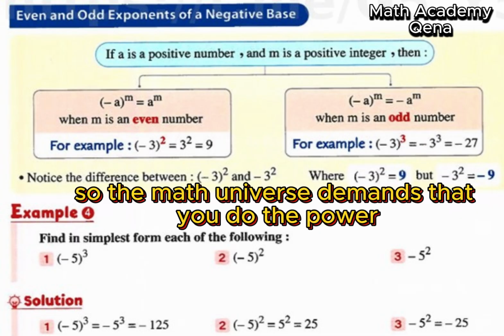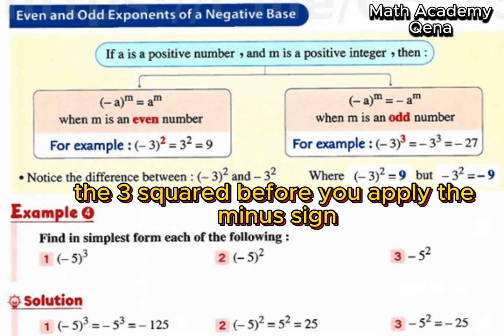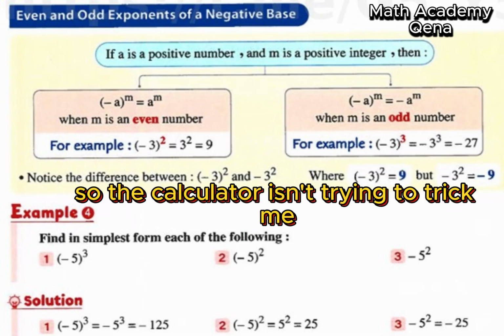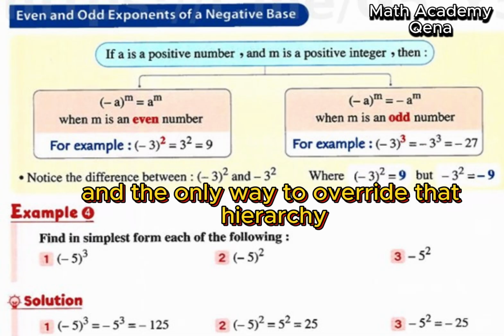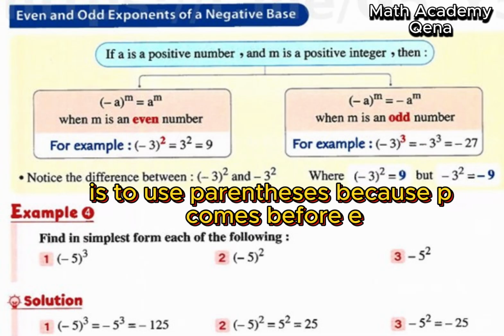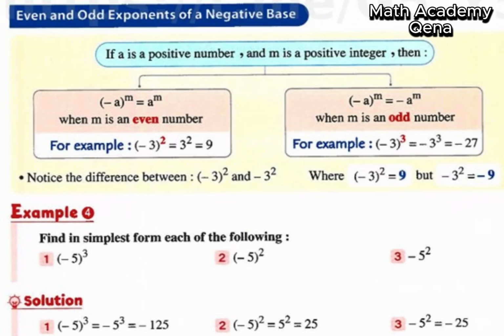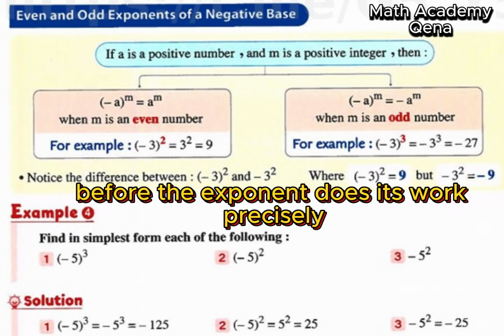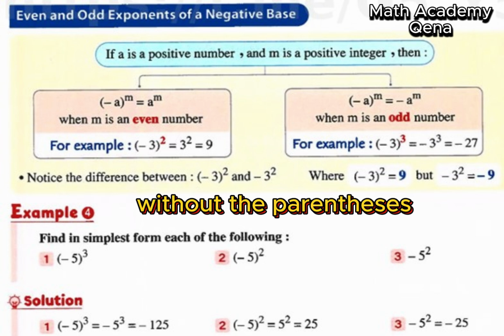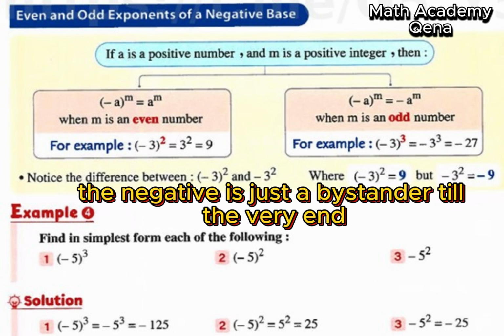So the math universe demands that you do the power, the 3 squared, before you apply the minus sign. So the calculator isn't trying to trick me, it is just following a strict hierarchy. Correct. And the only way to override that hierarchy is to use parentheses because P comes before E. So the parentheses force the negative sign to be processed before the exponent does its work. Precisely. Without the parentheses, the negative is just a bystander till the very end.